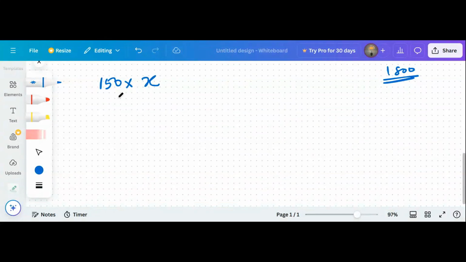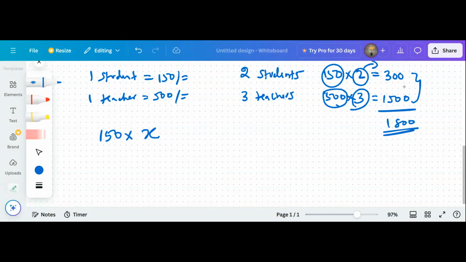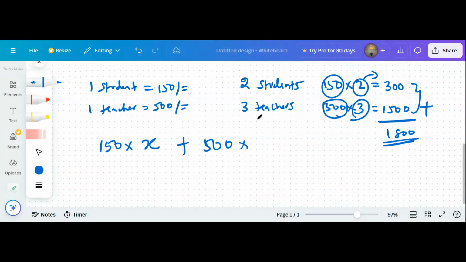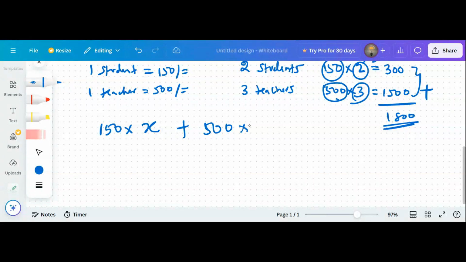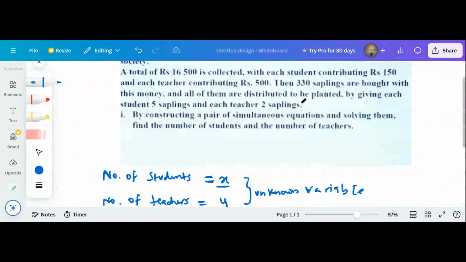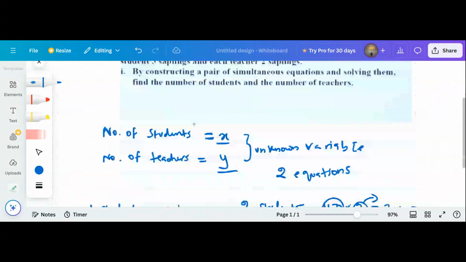So 150 into x. Okay, so we want to add these two, then only we can get the total money. So plus one teacher is giving 500, so 500 into how many teachers there are, we have taken it as y. So this is equal to, in the question they have told that they are getting a total of 16,500.